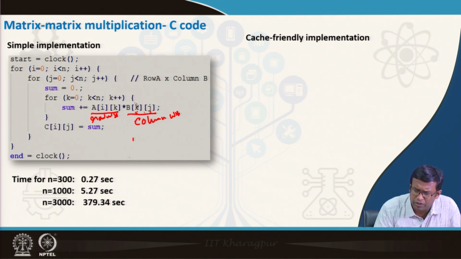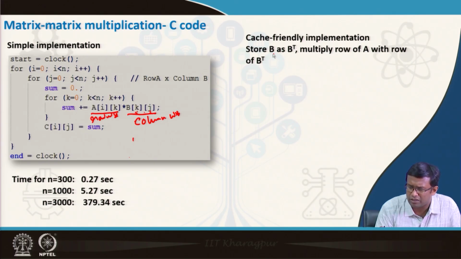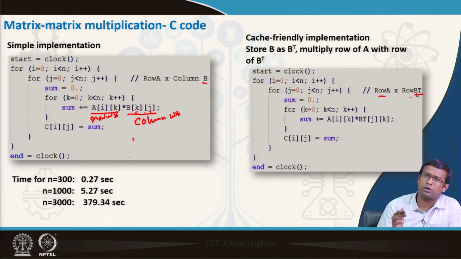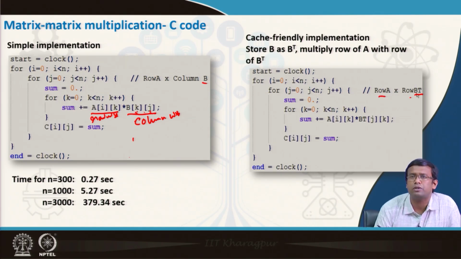So what we can do, instead of B, we can take B transpose and multiply it. We can store the B transpose directly and multiply a row of A with a row of B transpose. A row of B transpose is a column of B. We are doing the same calculation but storing it differently, so that both the matrices are now accessed row wise.